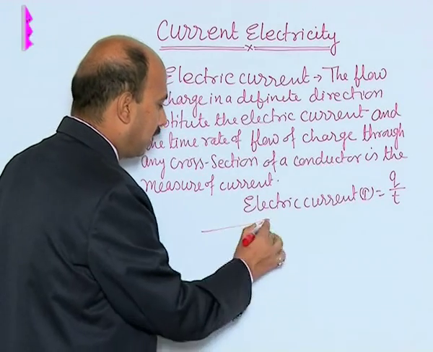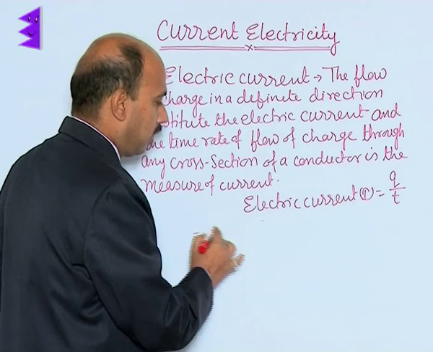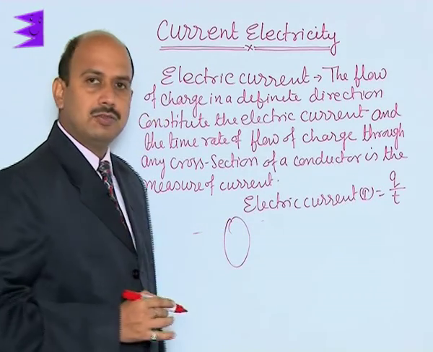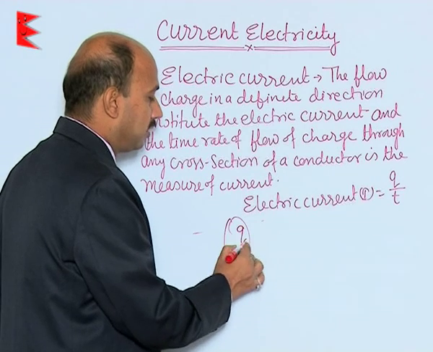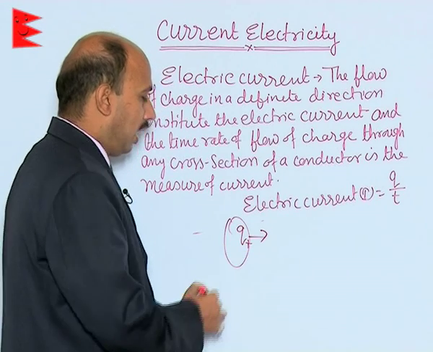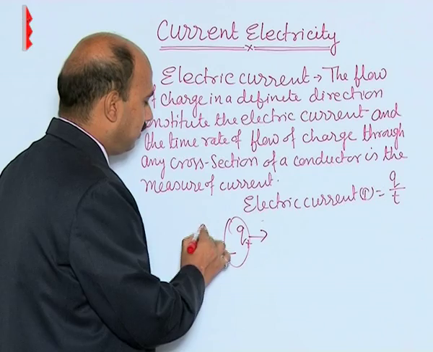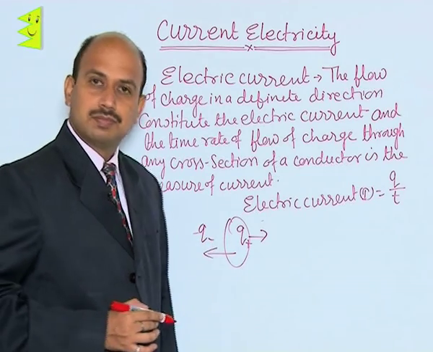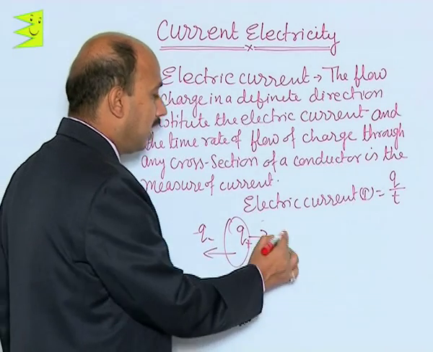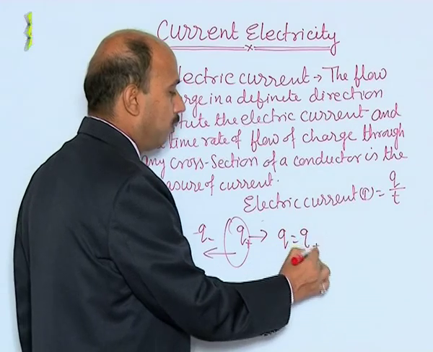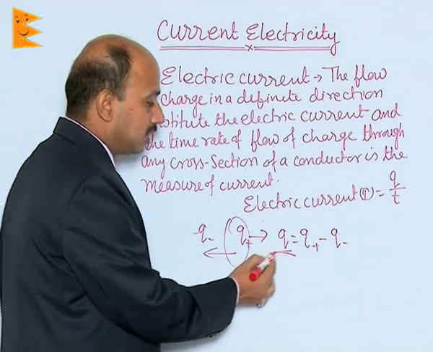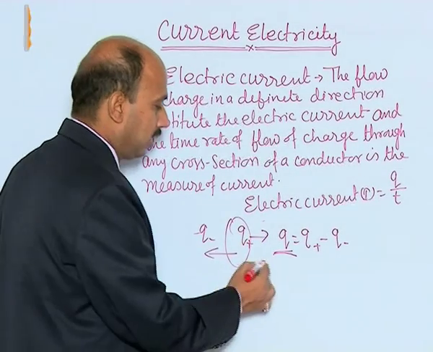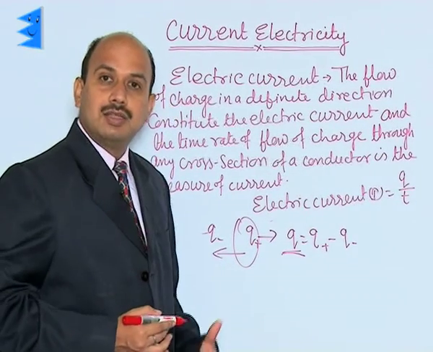Suppose you have taken any conductor like this, or any area you have taken in this way, the cross section area of a conductor, and Q plus charges are flowing to this side and Q negative charges are flowing to this side. So the net charge we get is Q plus minus Q minus, and this net charge Q is proportional to T, provided the current is steady.